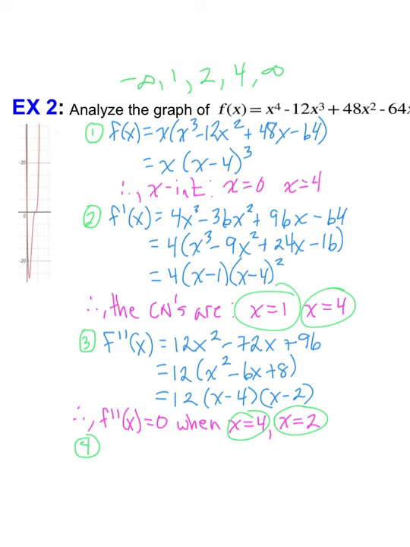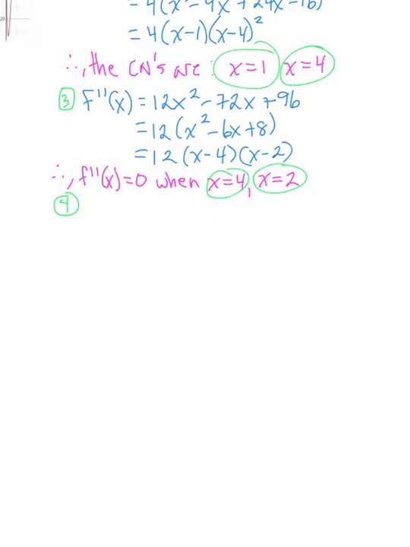At each of these values, those are also going to be x equals. So my intervals are going to be from negative infinity to 1, and then x equals 1, then from 1 to 2, and then x equals 2, from 2 to 4, and then x equals 4, and then from 4 to infinity. So those are the intervals I'm going to place in my table.